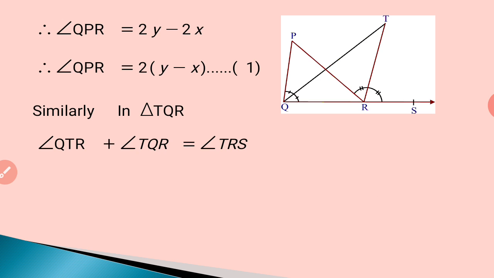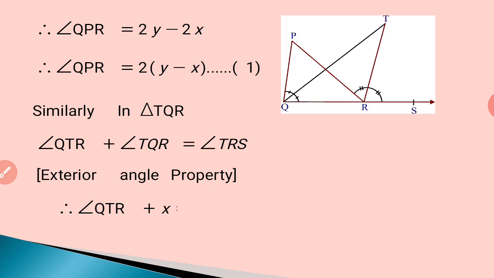Now let us again write these things in the form of X and Y. So angle QTR remains as it is. Angle TQR is X and angle TRS is represented as Y. So that substitution is now done. Next is transposing X to the other side, and we get statement number 2.